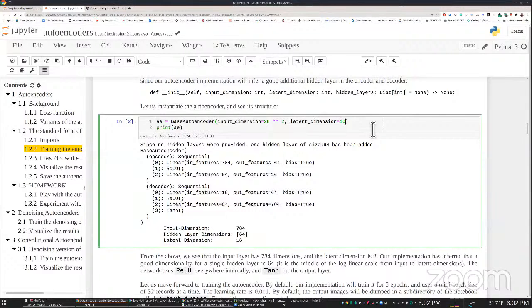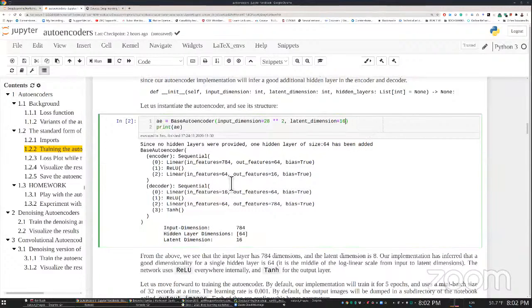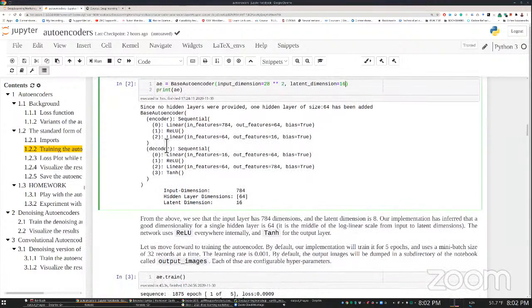Definitely. And so what you do here, I've created a utility function so that if you print out the autoencoder, it will declare itself. Here it says the encoder is made out of, do you notice how the numbers keep decreasing? 784 to 64. It has automatically figured out that it's a pretty steep dive from 784 to 16.